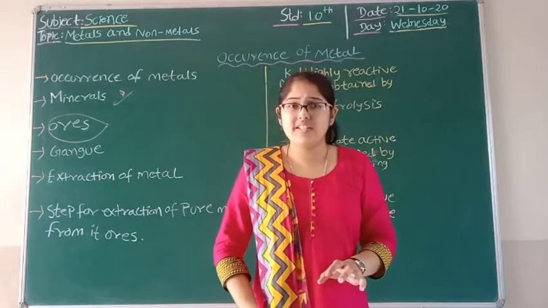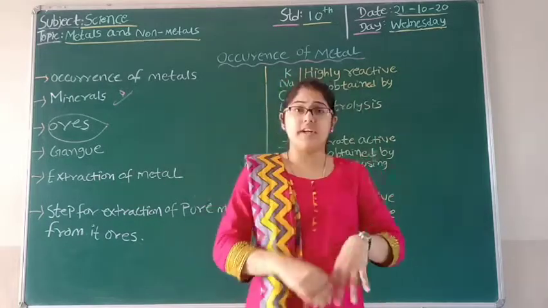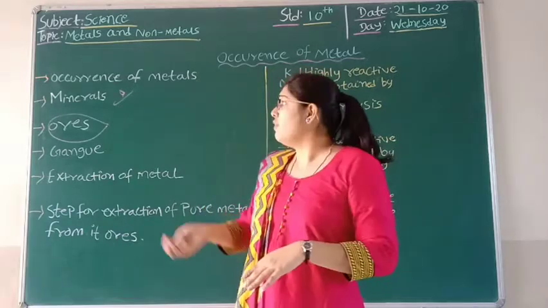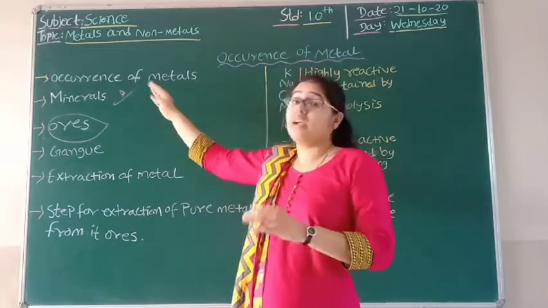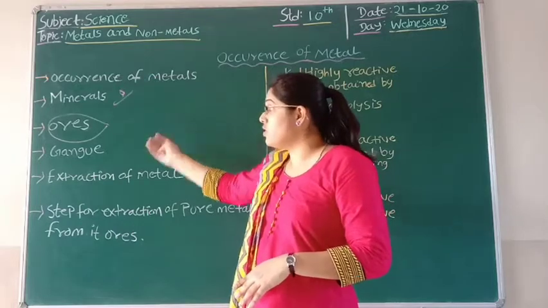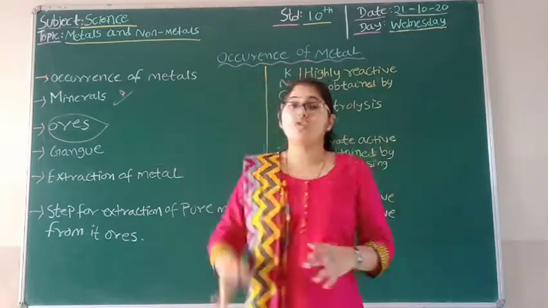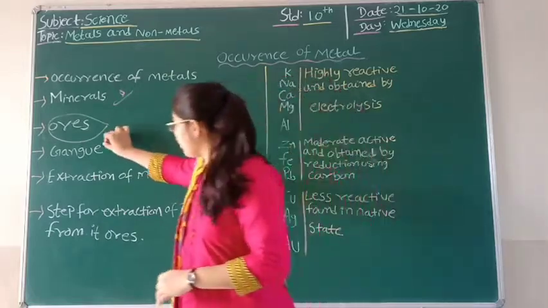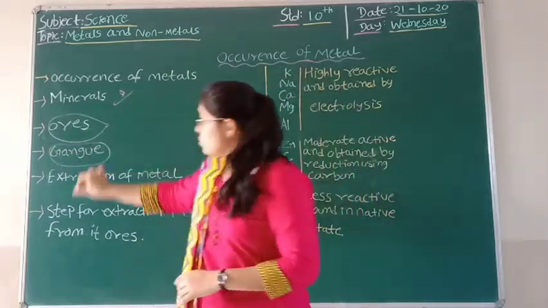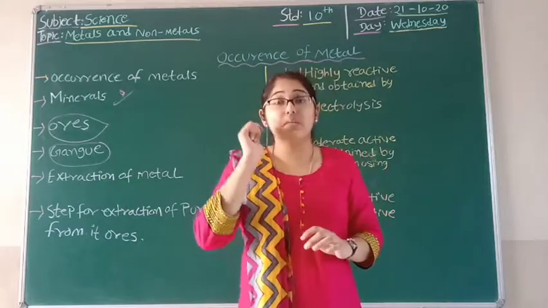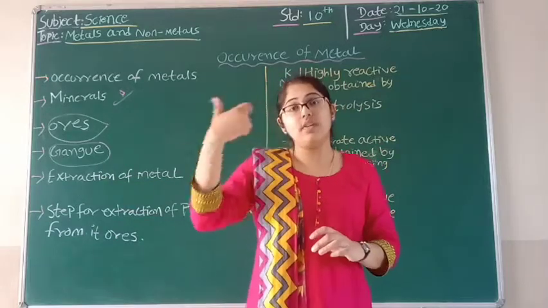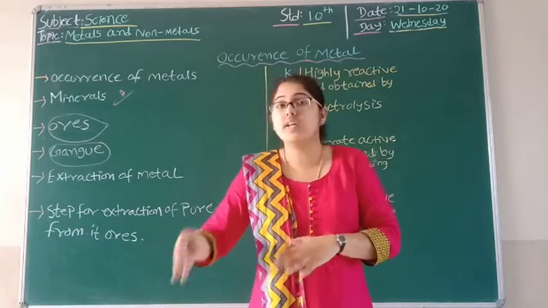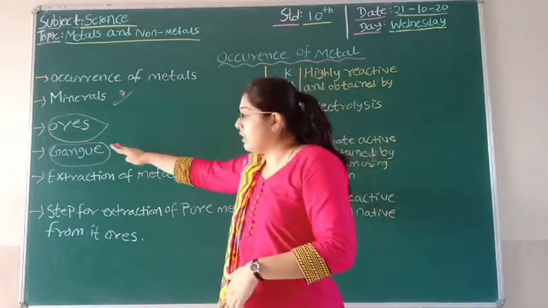So we are getting minerals, along with that we are getting metal, which is known as ores. Now a question arises: what is gangue? The impurities which are found along with the ores are known as gangue.